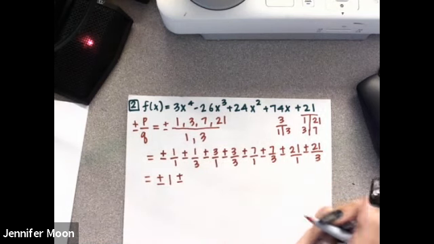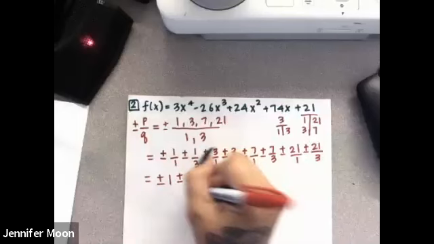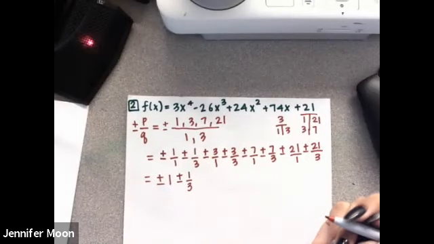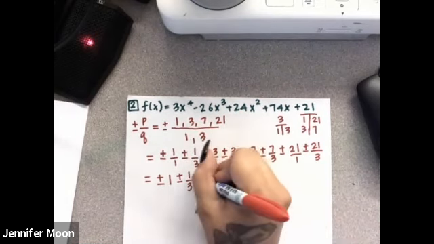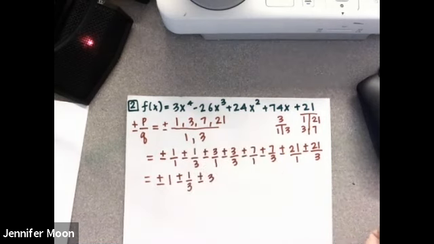I can't really math right there. It's just one of the possible zeros is either a positive 1/3 or a negative 1/3, right? Now scoot over to 3 over 1, y'all. That's just 3, right? Anything over 1 is just itself. If I do 3 divided by 3, I get 1, right?